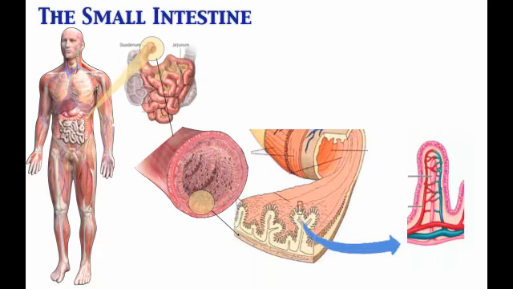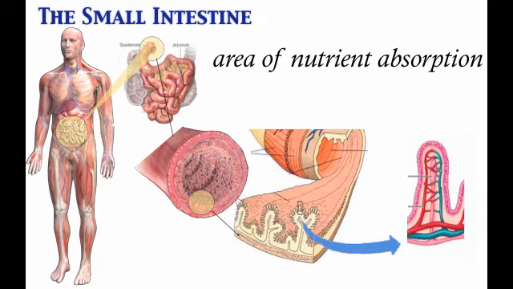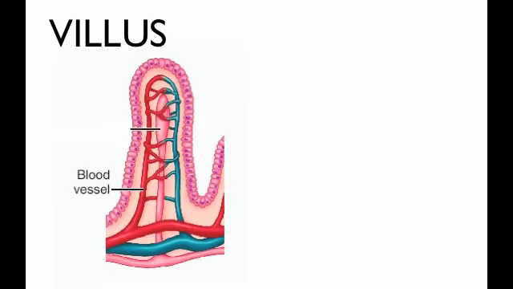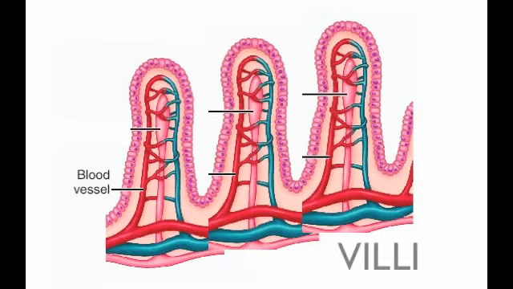The small intestine is very long, but its main job is where nutrients are absorbed. If you look at the wall of the small intestine, it's made up of tiny fingers. Each one is called a villus. If you put a bunch of them together, they're the villi. Inside the villi are blood vessels.